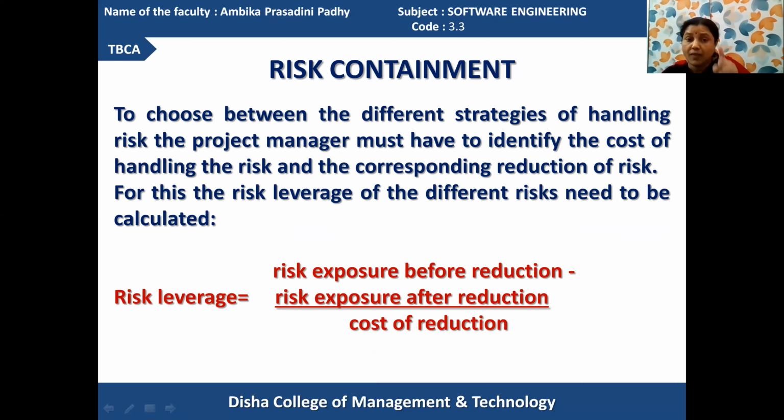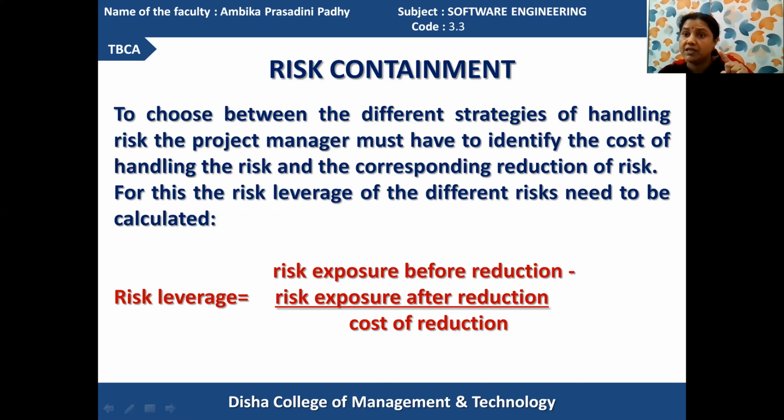Got it? If the cost of reduction is higher than the benefit, meaning the risk leverage is low, then we will not use that. It is going to face a large problem for implementing the risk solution techniques, so we will not use it.